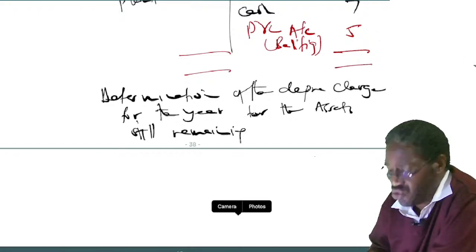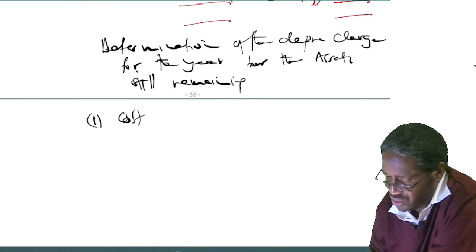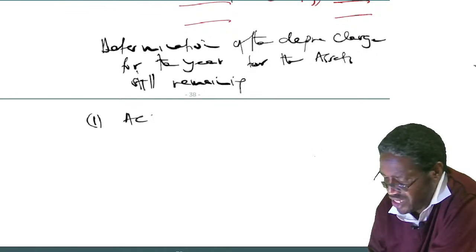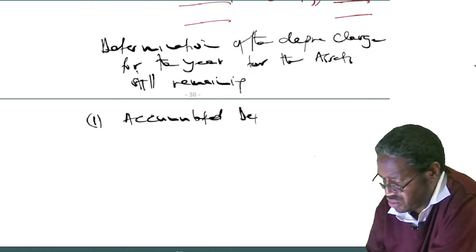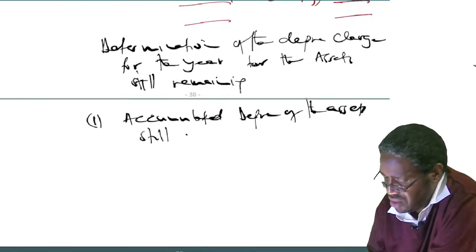So I want us to do it in form of some steps. Number one, accumulated depreciation of the assets still remaining.